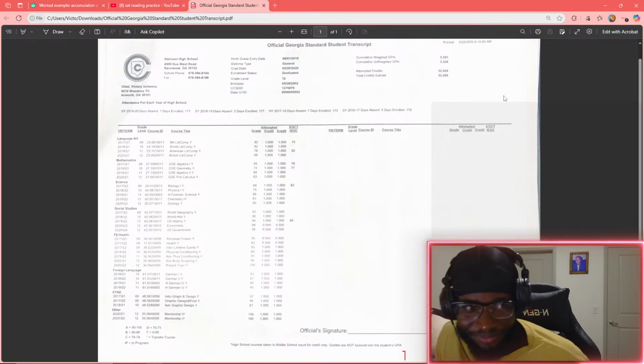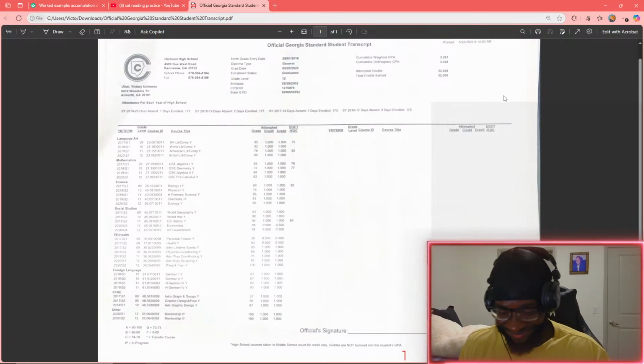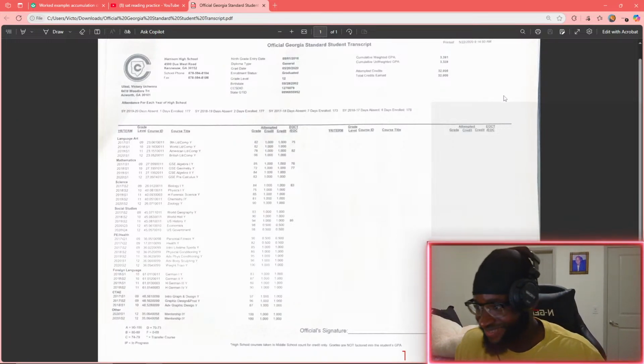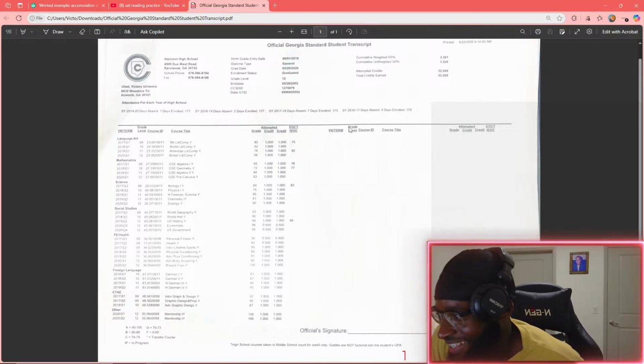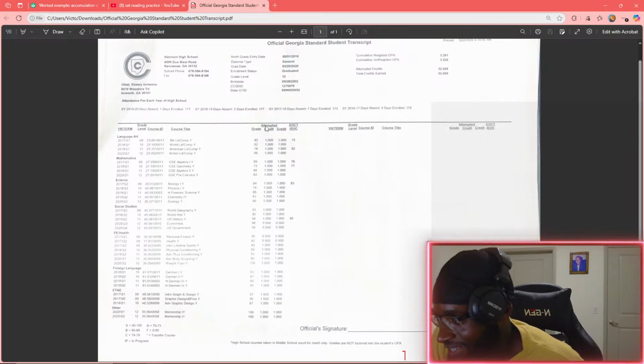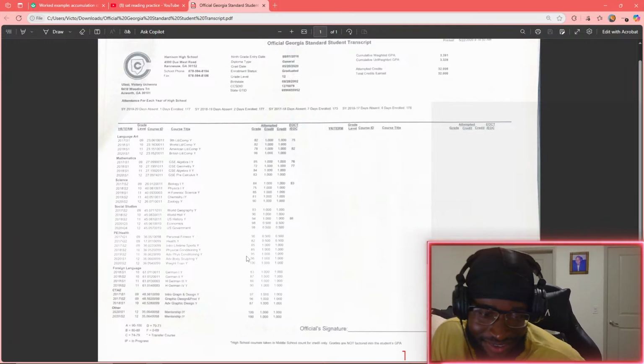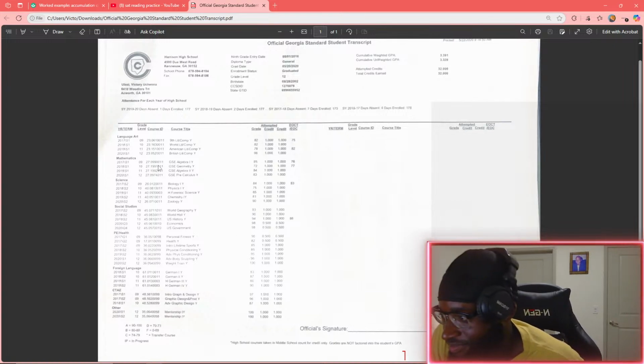Here you go. Terrible. 78 in American Lit. Zero AP classes. Zero anything. That's 75 in physics.